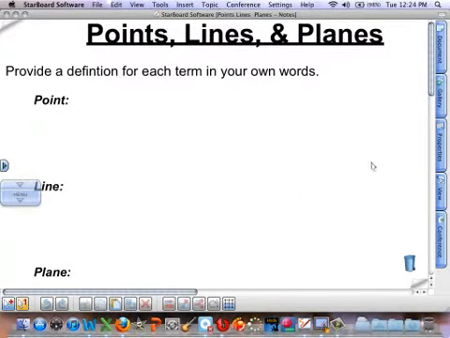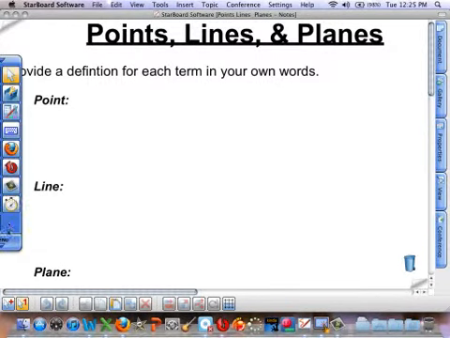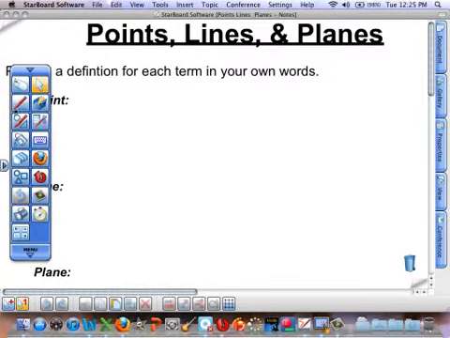So the first thing I want to go over are these basic definitions of point, line, and plane. Who can give me their definition of a point? Oh, good, Sarah. A point is any dot in an area or a plane, like a little dot.